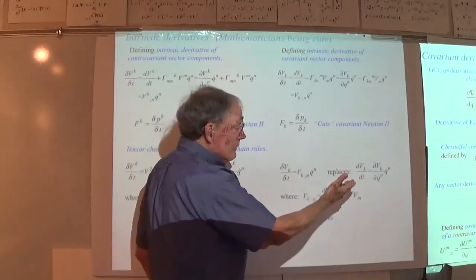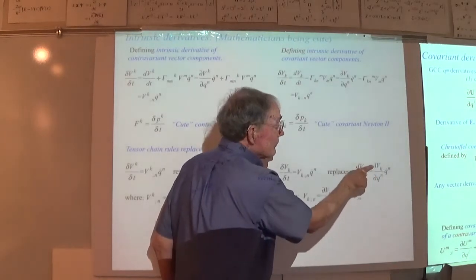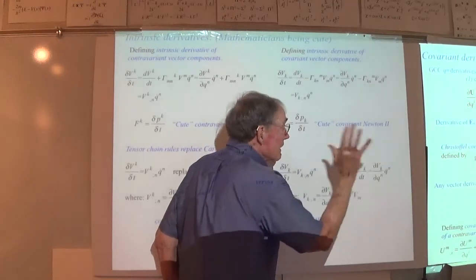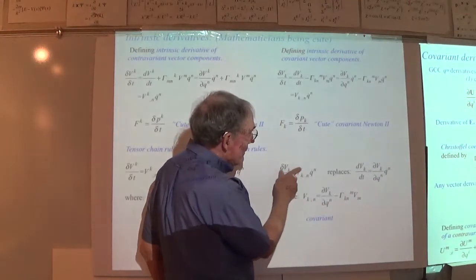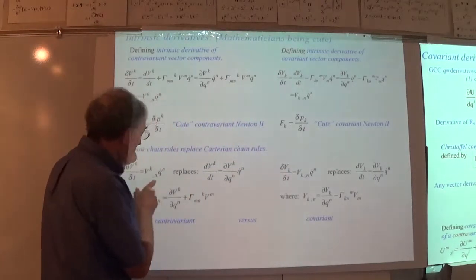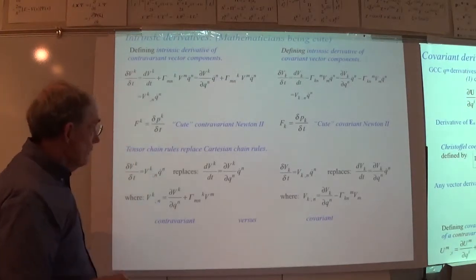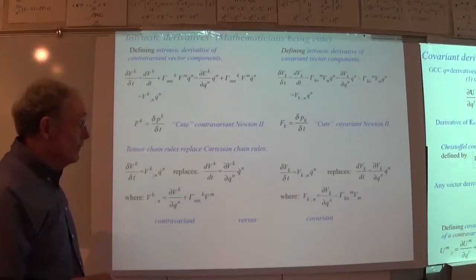But it's replacing the Cartesian version, you see. The Cartesian version is just the partial derivative of a vector component with respect to the coordinates and then q dot. End of story. This one's got all that stuff packed in there with the Christoffel coefficients, as does this one here. So that's what's really going on up here, we're just rewriting things for curvilinear coordinates that we're used to in Cartesian.